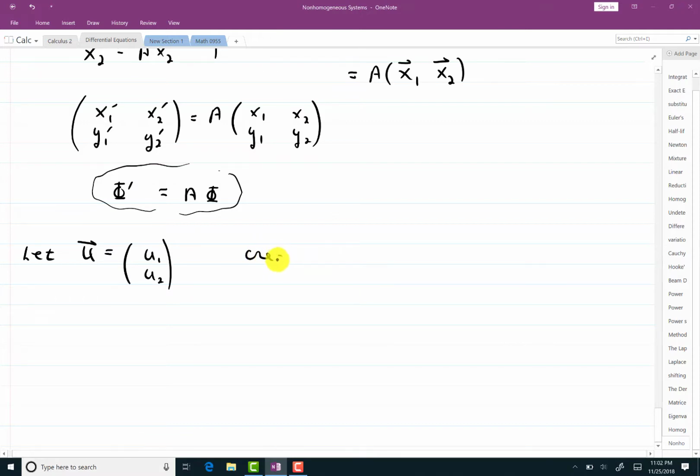Create what we hope will be a solution by having our phi times u. This is just like we did before. If you were to actually multiply this all out, you get x1. You would be able to break it up into a u1, this thing, u2, this column, and it's exactly the same kind of thing we did before.